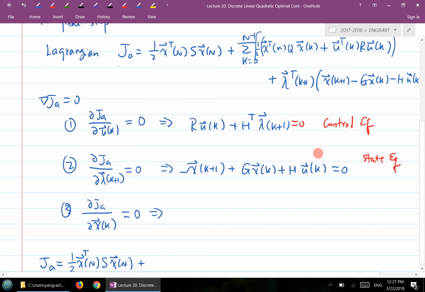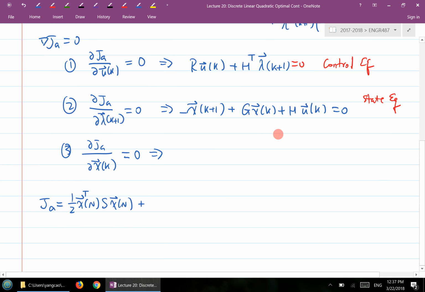I don't actually need to write this one, but you just have to know what you get if I let k equal to 0. So basically you have lots of terms. This is when k equals 0, 1, like this.